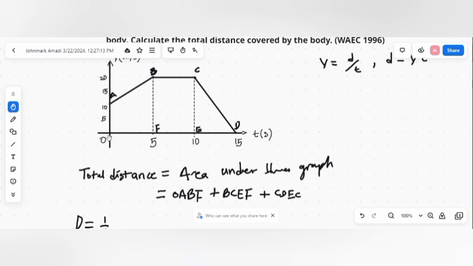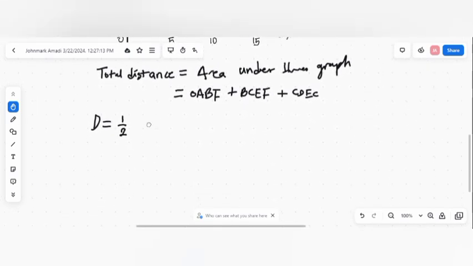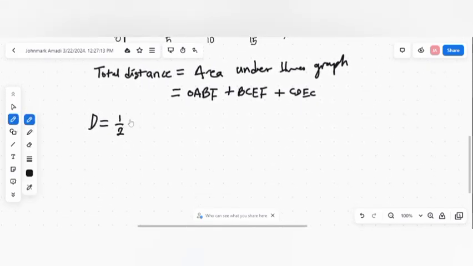The parallel sides here are OA and BF. So we open the bracket: OA plus BF, close, then times the height.